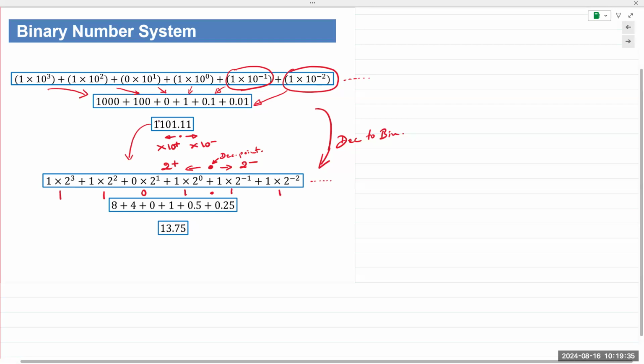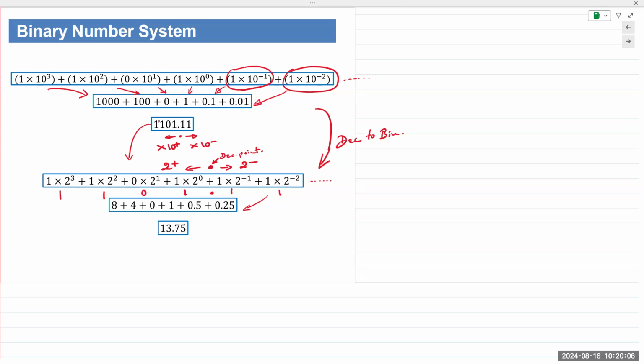Digits to the right are multiplied with the negative exponent. So starting at the far right, 1 into 2 raised to minus 2. The next number, 1 into 2 raised to minus 1. Does everyone see that? 1 into 2 raised to minus 2, 1 over 2 square, 1/4 gives us 0.25.